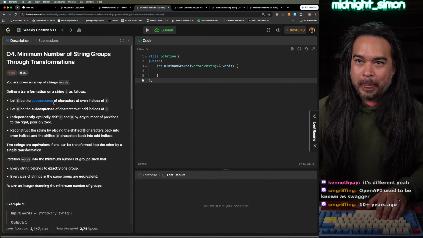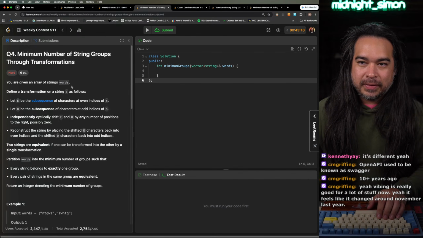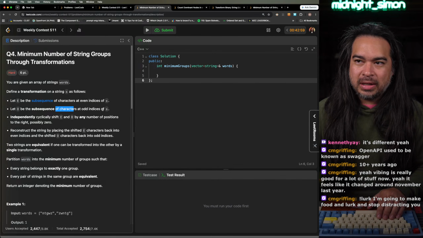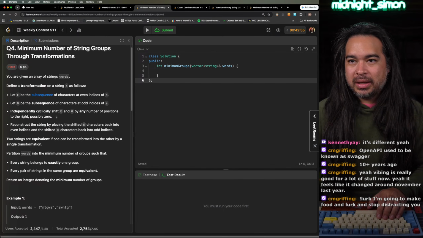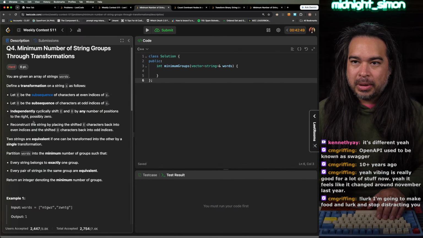Alright, let's read. You are given an array of strings, words. Define a transformation on a string S as follows. Let E be the subsequence of characters at even indices of S. Let O be the subsequence of characters at odd indices of S. Independently, cyclically shift E and O by any number of positions to the right, possibly 0.